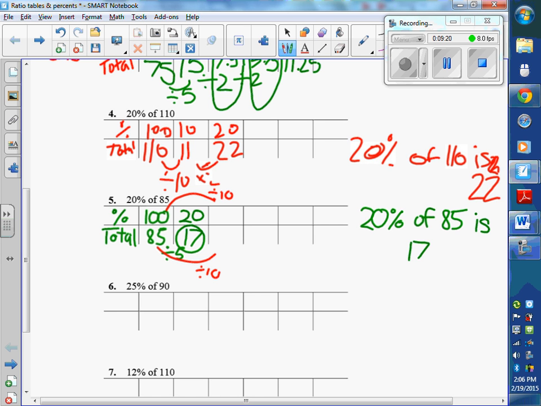But it's also good to practice dividing any number by 10. If I want to divide 85 by 10, I could always remember that 80 divided by 10 is 8. 90 divided by 10 is 9. So 85 divided by 10 has got to be halfway in the middle, 8.5, or the decimal just moves. So that's a good thing to practice. And I have 10% and I can double.